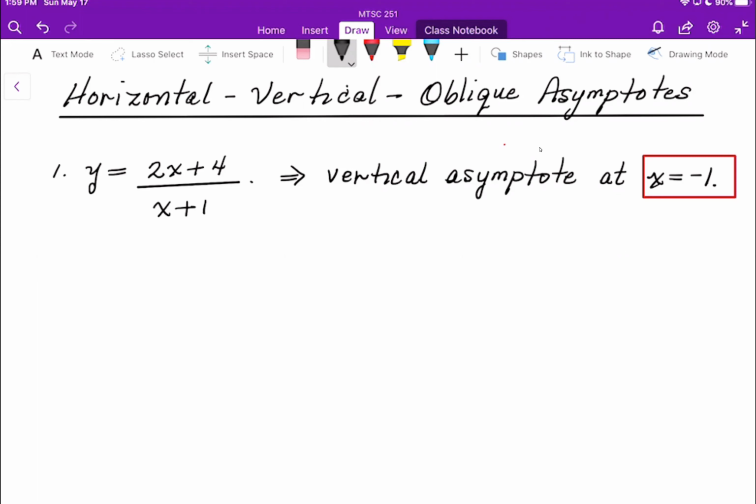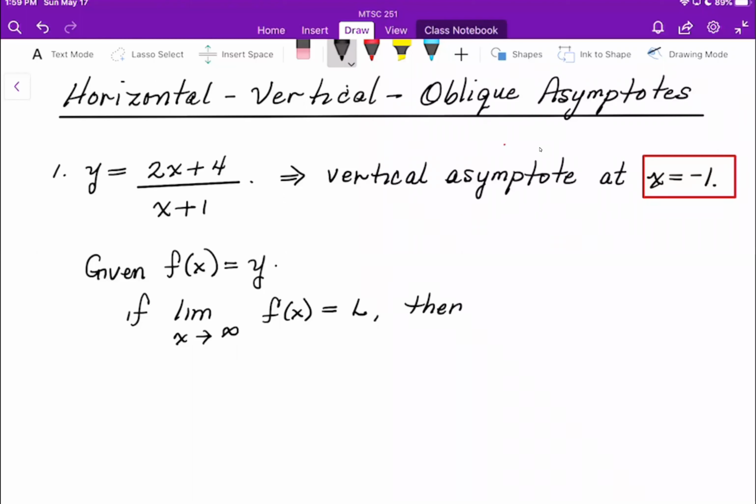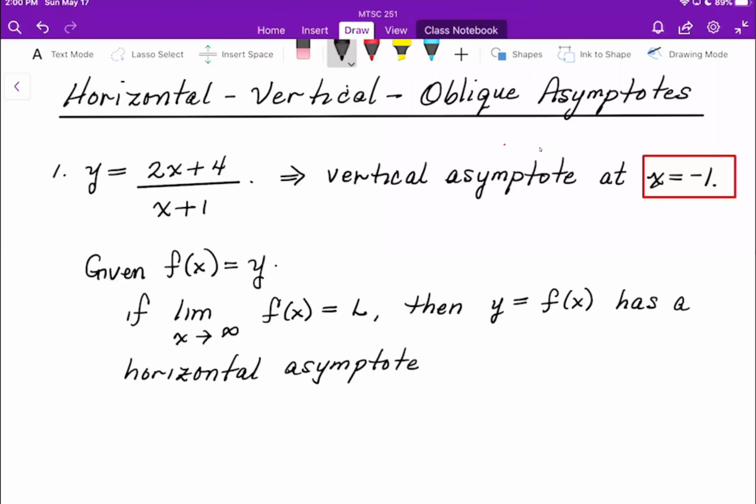So given f of x equal to our y, if the limit as x approaches infinity of f of x is equal to some number L, then y equal to f of x has a horizontal asymptote at the line y equals L.